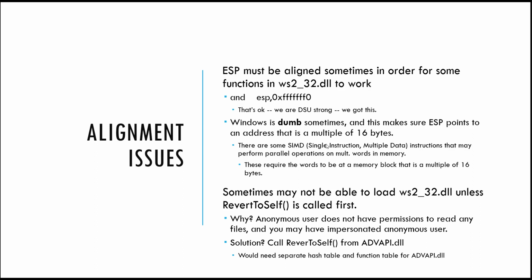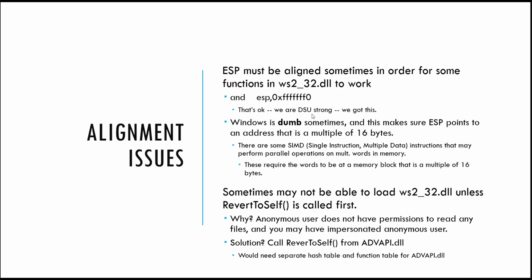There can be certain SIMD instructions performing parallel operations on multiple words in memory, and it requires that ESP be aligned correctly. If it's not, then you'll have an error, and it simply will not work.